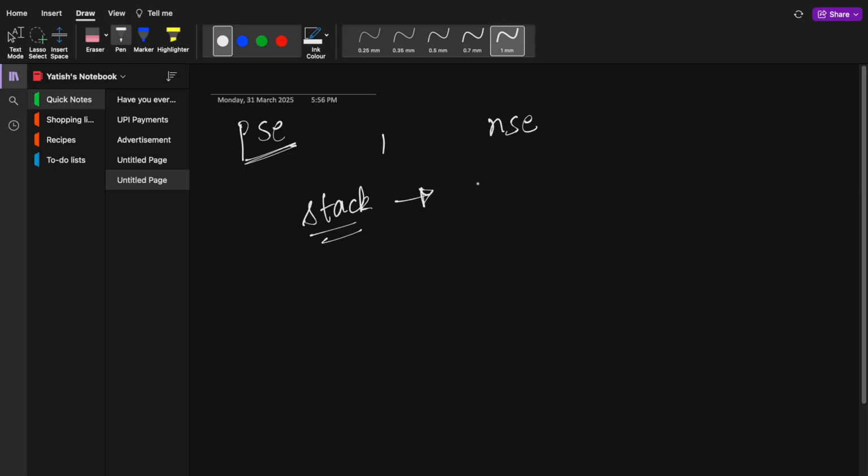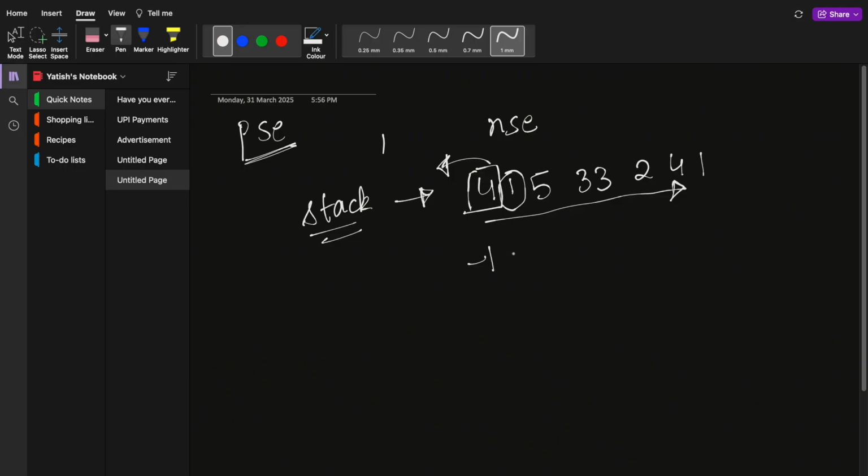So let's suppose we have 4 1 5 3 3 2 4 and 1. Now for any index i, for 4 we don't have a previous smaller element, so it would be -1. For 1 also we don't have a previous smaller element, so it would be -1. For 5 we have 1. For 3 we have 1.